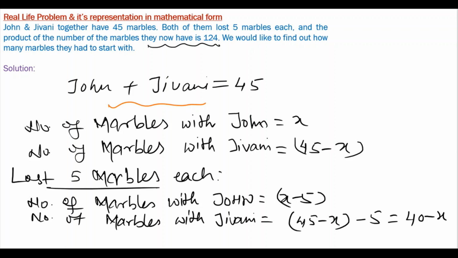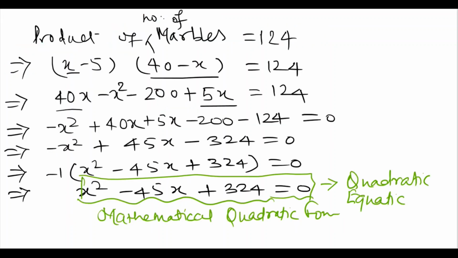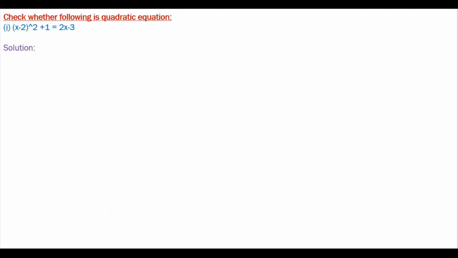So we would like to find out how many we had earlier. So you can calculate it like this, right? So you can relate it to real life. I hope you are getting what I am trying to teach you.